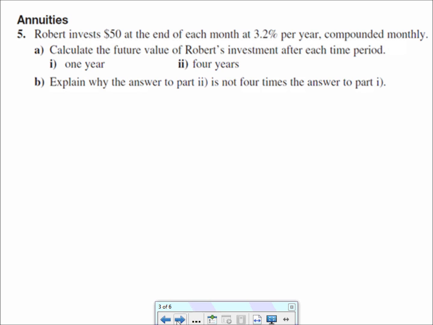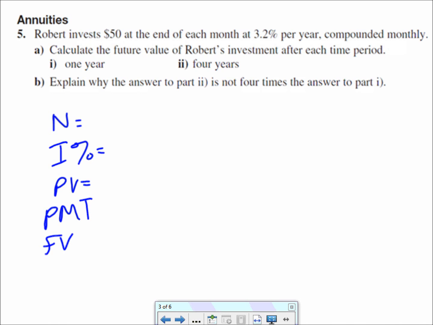Okay, so this is just an annuity, right? So we're going to use our graphing calculator for this. We're going to go into our TVM solver, and we're going to calculate all of these values. You might want to clear the memory on your TVM solver. It's up to you. Depends if you have stuff still sitting in there.